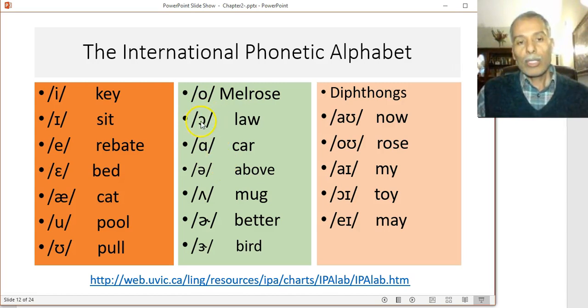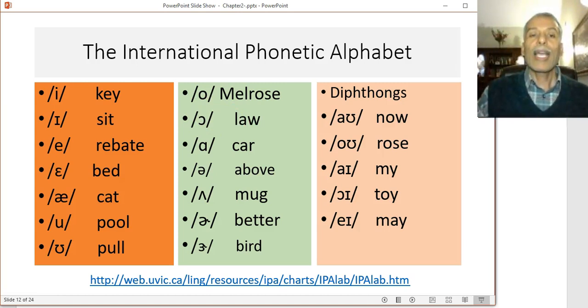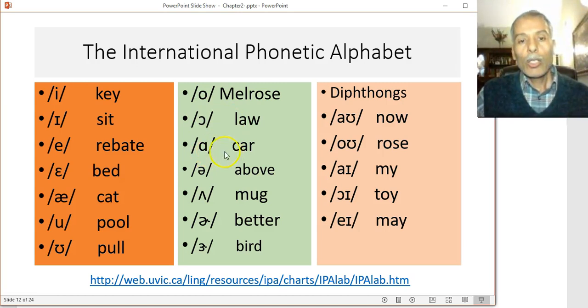But you need to know this as well, because it comes in certain phonetic contexts, and you are going to encounter it. So now, as in car, as in cod, as in llama, and then the schwa sound.